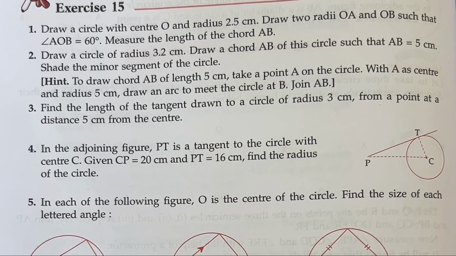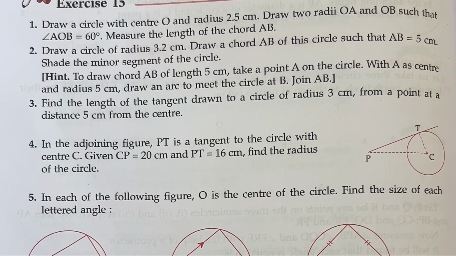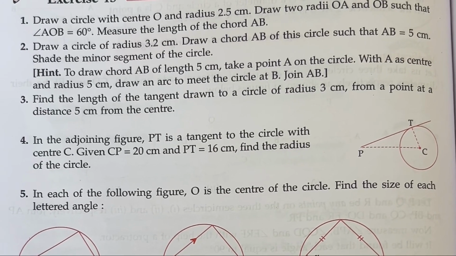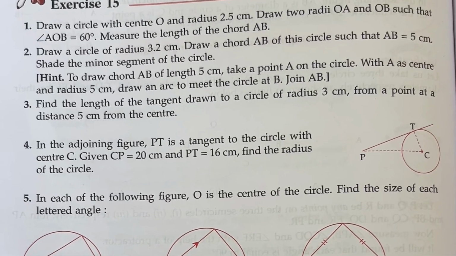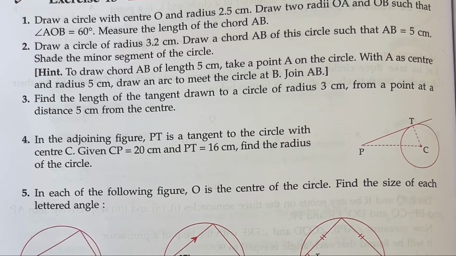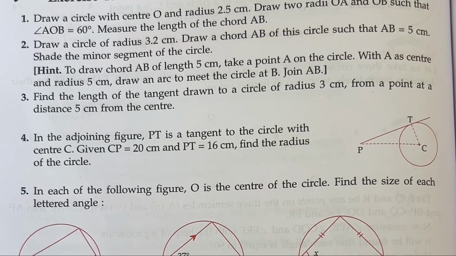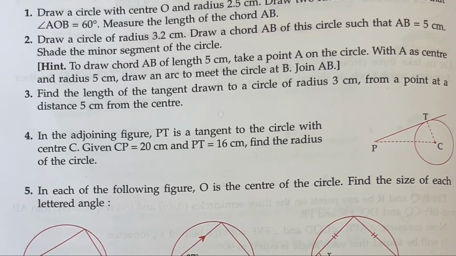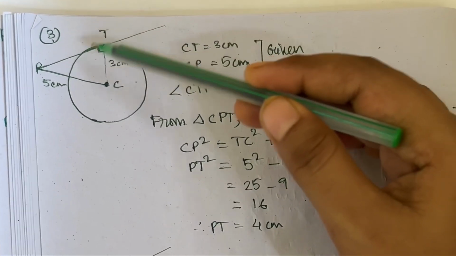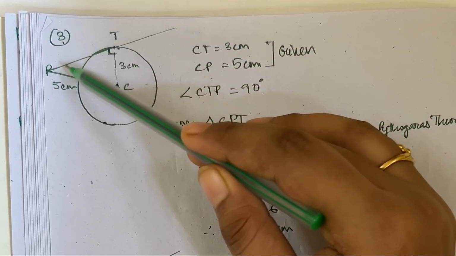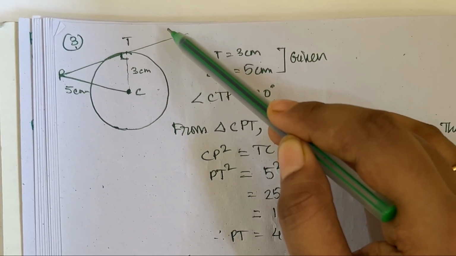Sum number 3. Find the length of the tangent drawn to a circle of radius 3 centimeter from the point at a distance 5 centimeter from the center. Now let us see how to do the sum. Now see, we have drawn a circle and PT is the tangent.